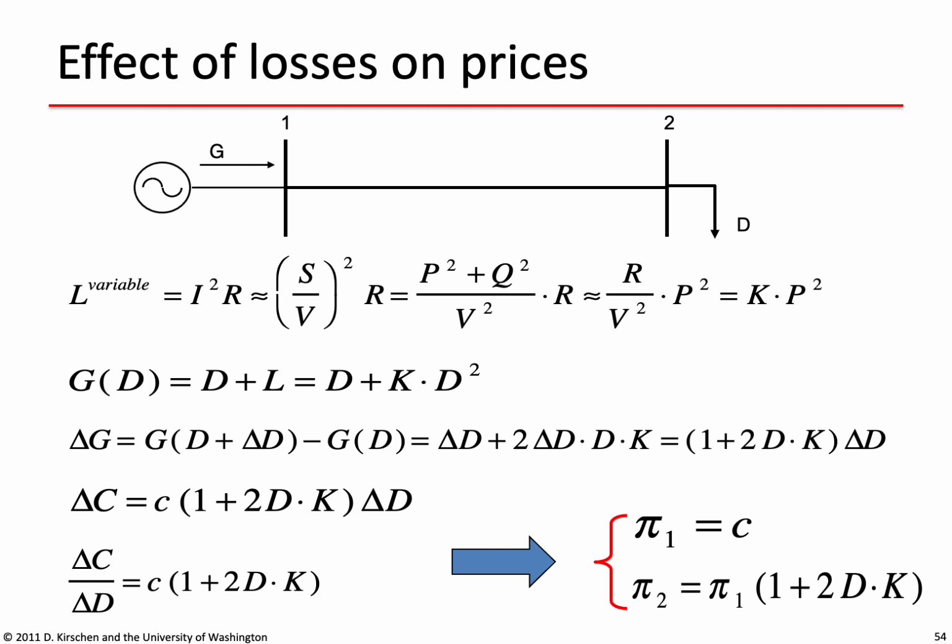Bus 2 will be c times 1 plus 2DK, or pi 1 times 1 plus 2DK. So the losses in the line between 1 and 2 create a price difference between bus 2 and bus 1.